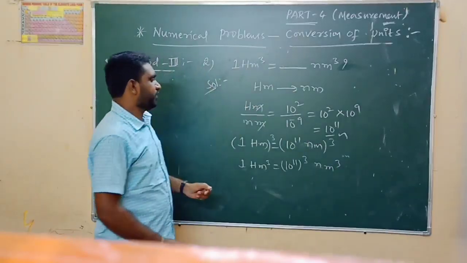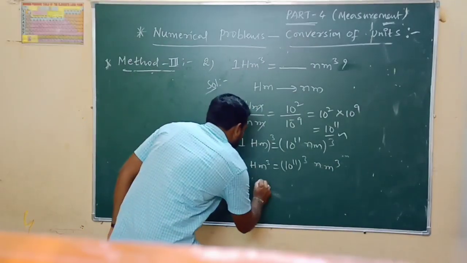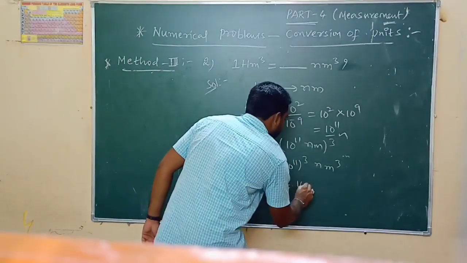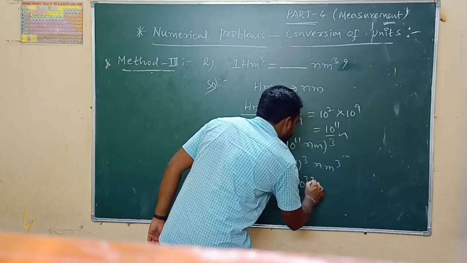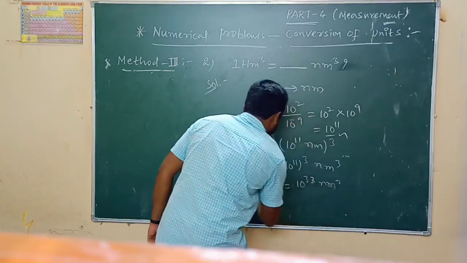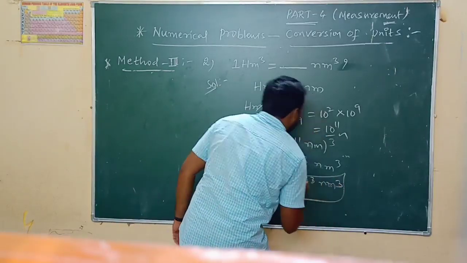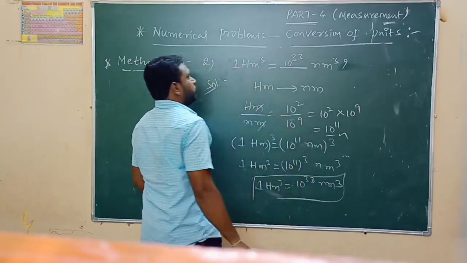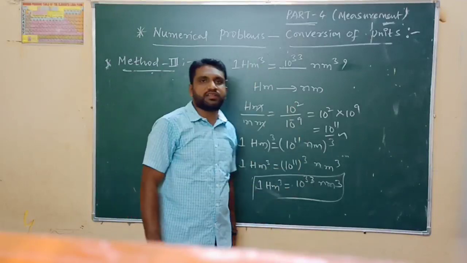Finally we got the answer: 11 times 3 is 33. 1 hectare cube equals 10 to the power of 33 nanometer cube.